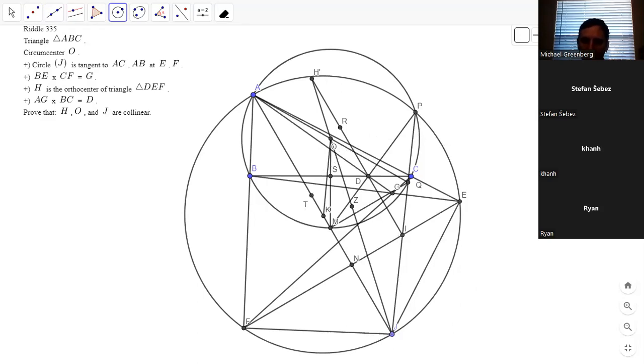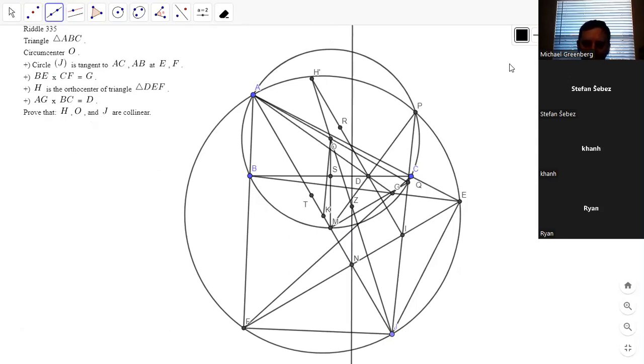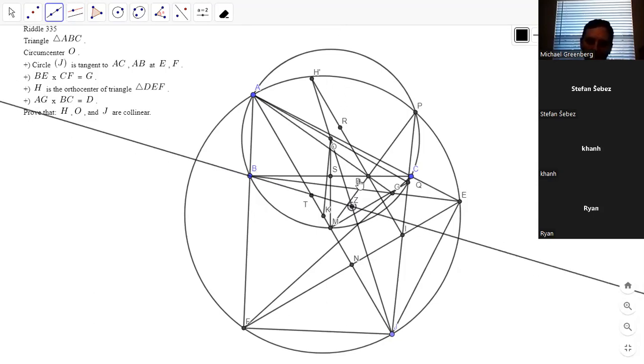Okay. ZN is perpendicular to BC. That is obvious, but looks useful. ZN. Okay. No, actually, that is equivalent, I think. Equivalent to the problem? Yeah, equivalent. Just because you have the midline of TJH prime.